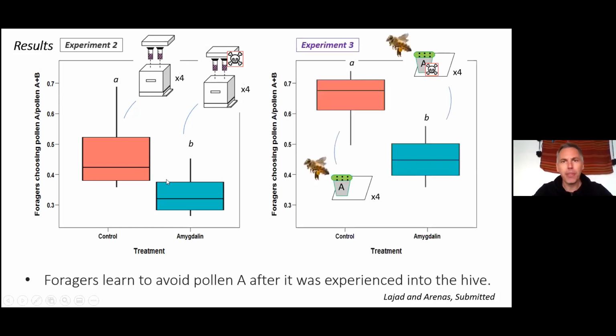In experiment 3, where the difference was that the bees were the ones who introduced the pollen, again we found significant differences, and foragers somehow reject pollen A in their testing events. So from these 2 experiments, we might say that foragers learned to avoid pollen A after it was experienced inside the hive.